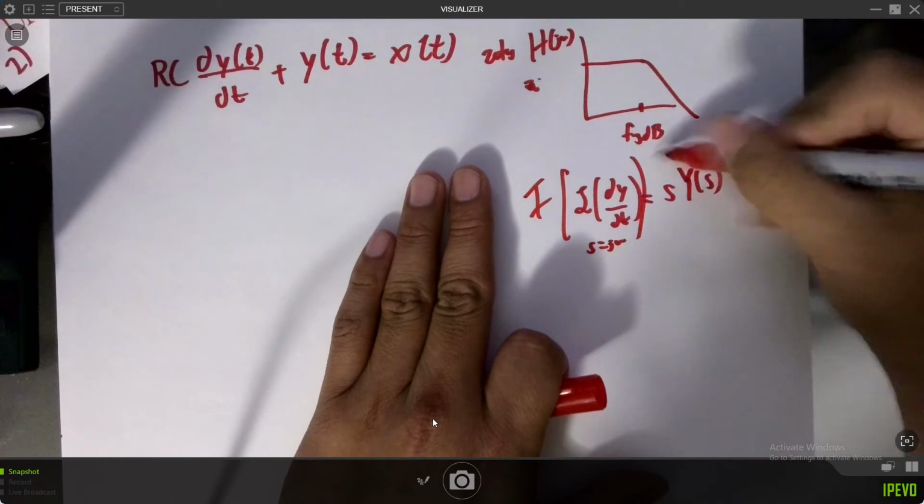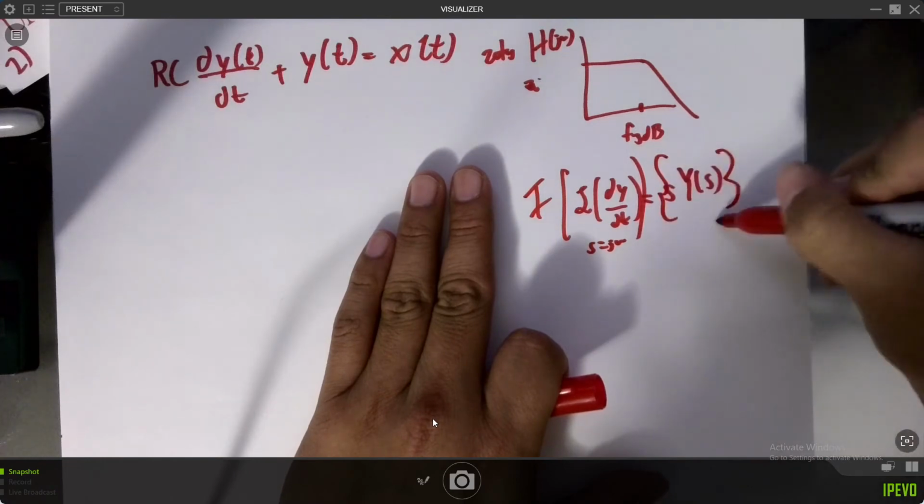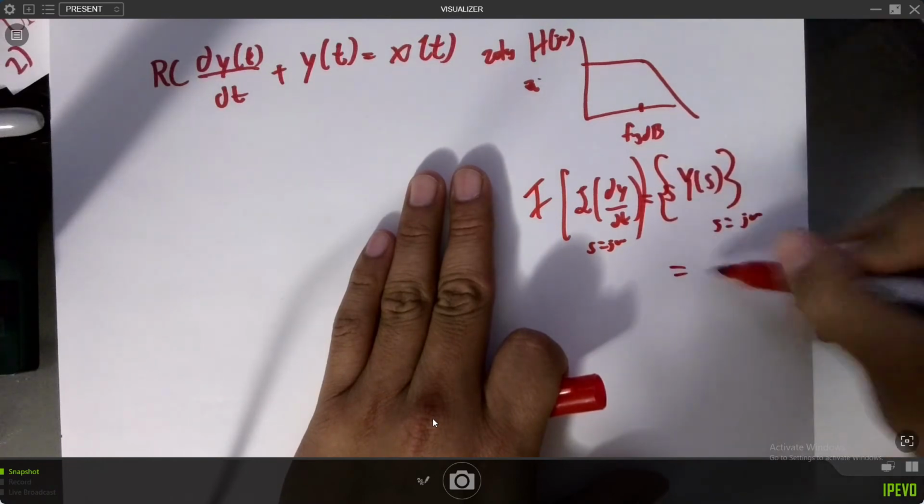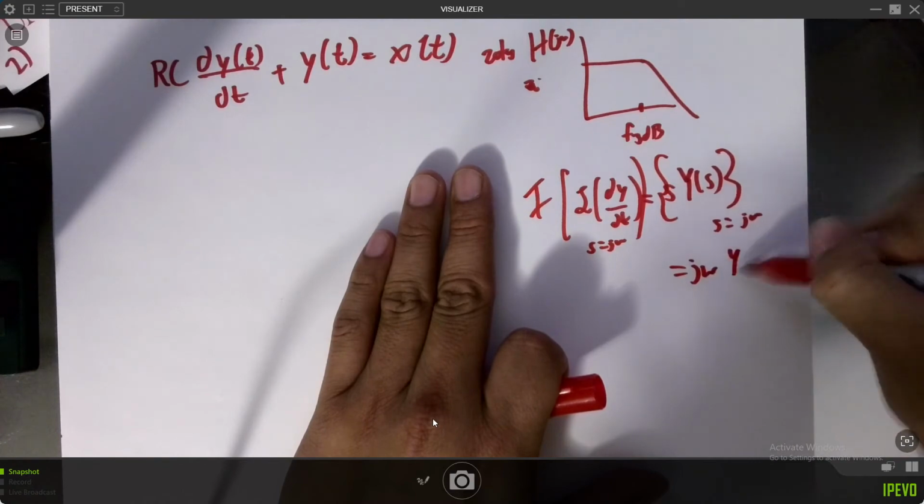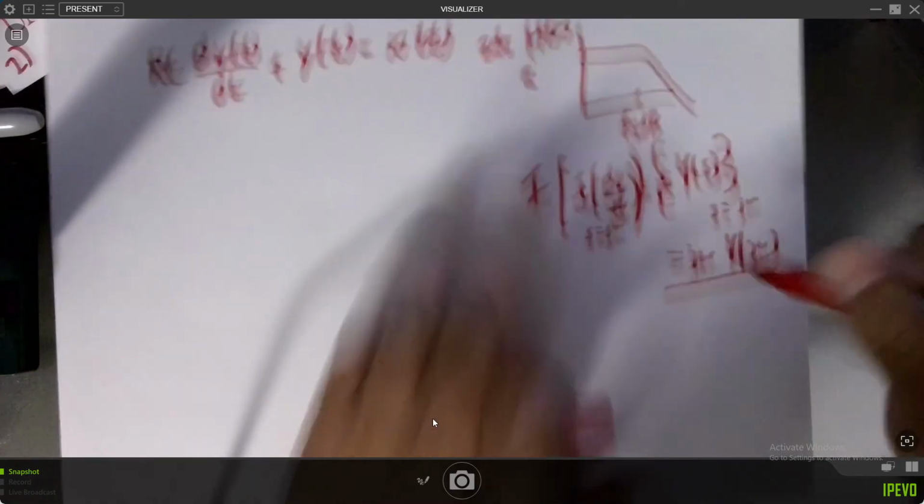So s is equal to j omega, which gives j omega Y of j omega.